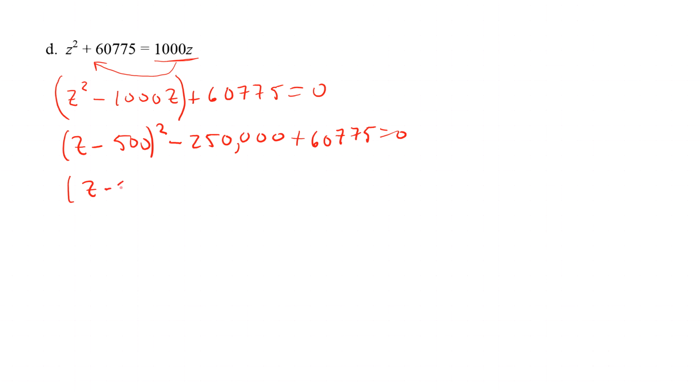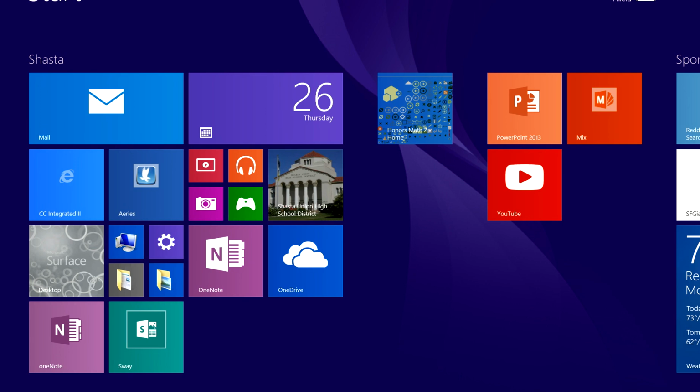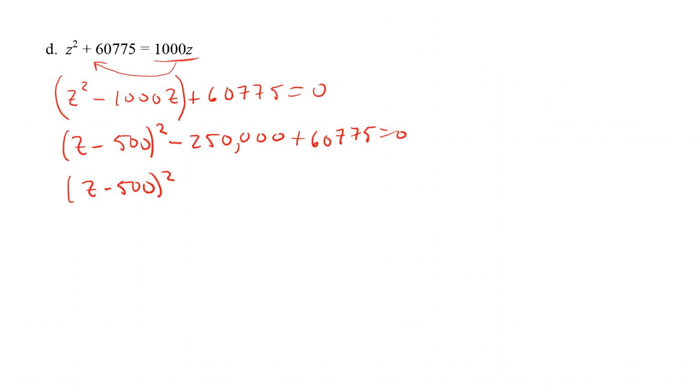So z minus 500 squared, minus 6775. Okay, so this ends up being minus 189,225 equals 0. So we're going to move that to the other side. So z minus 500 squared equals 189,225.